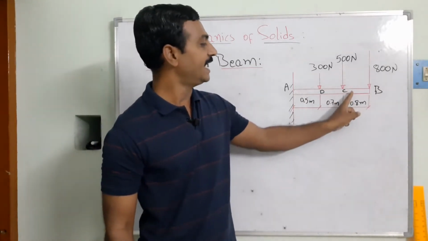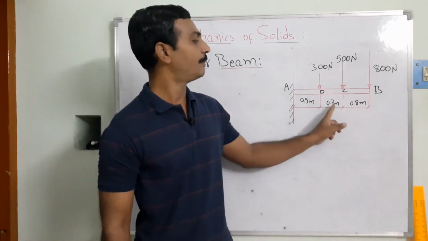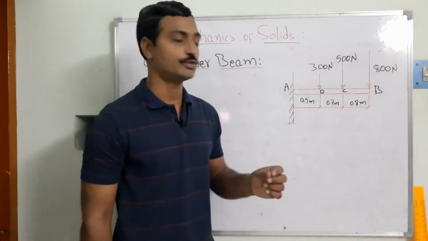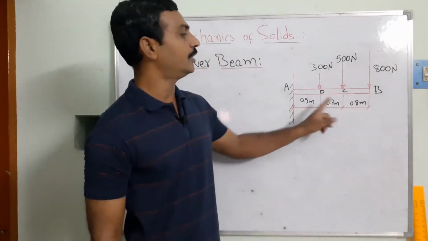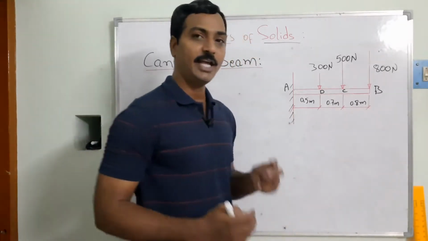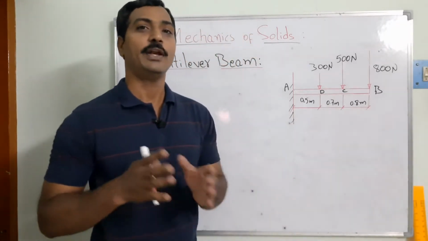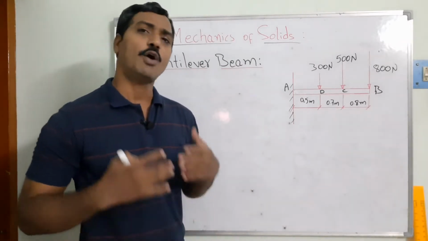And point C is located at 1.2 meters, that is 0.5 plus 0.7, that is 1.2 meters. And the point B is located at a distance of 2 meters. It means the length of the span is 2 meters, and at the different locations the point loads are acting.